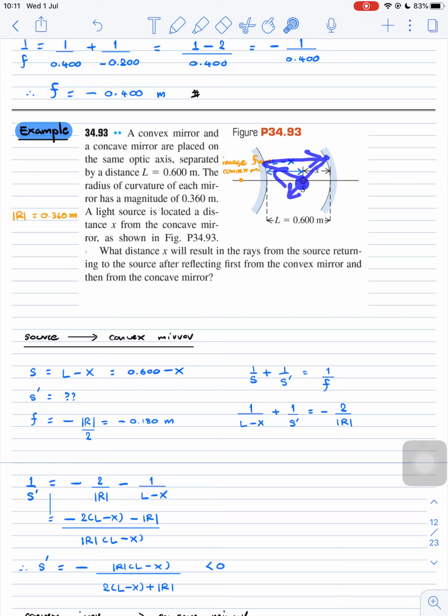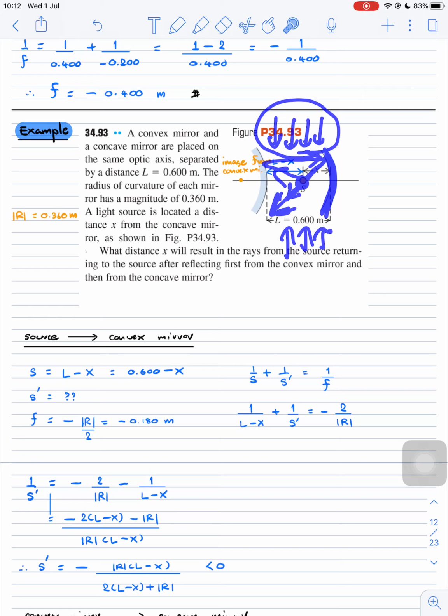Now you can see that this light will behave as the incident light for this concave mirror. This light is on the left hand side of the concave mirror, and again this light will be the reflected light for the concave mirror, and it is on the left hand side of the concave mirror as well.